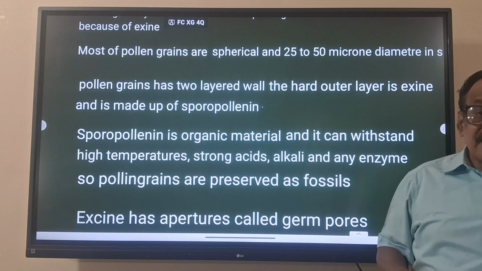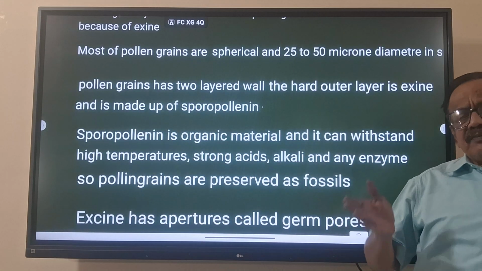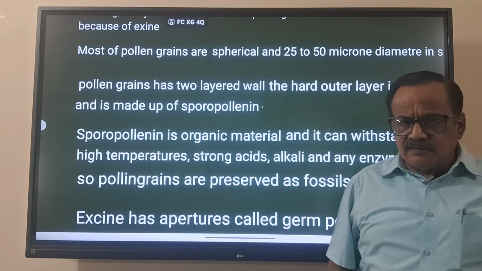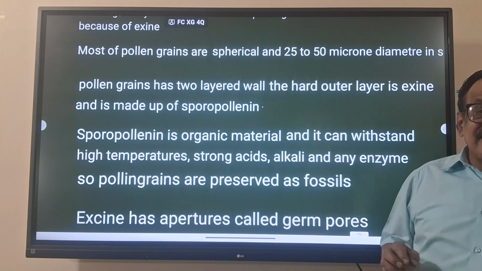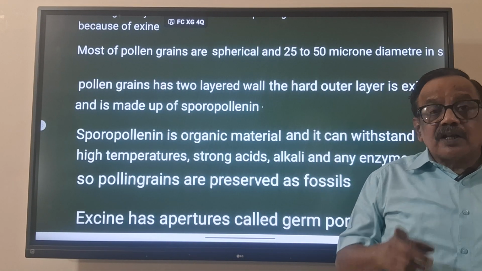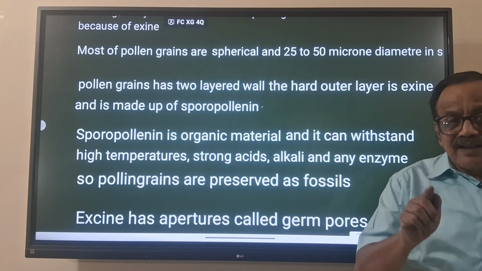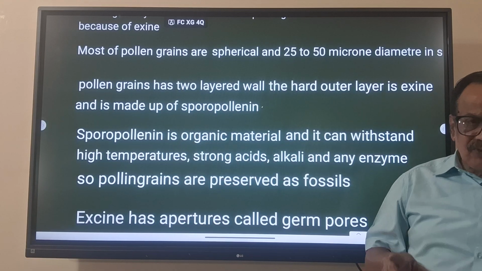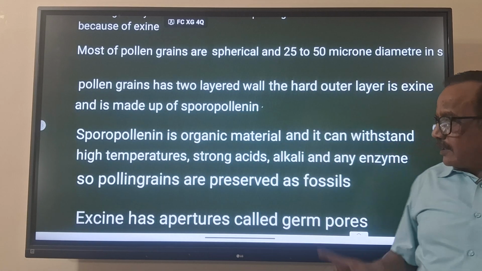Because of this nature, many thousands of years back, remains used to be present, which we call fossils. So pollen grain fossils are available because of the outer layer of the pollen grain, which is made up of sporopollenin, which can withstand all these things. That is the reason.